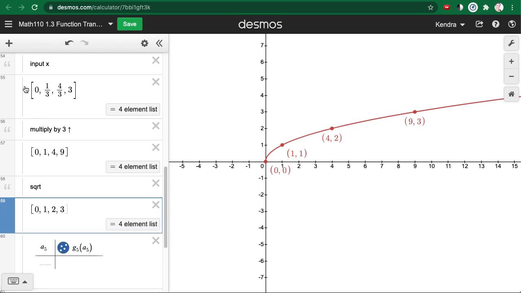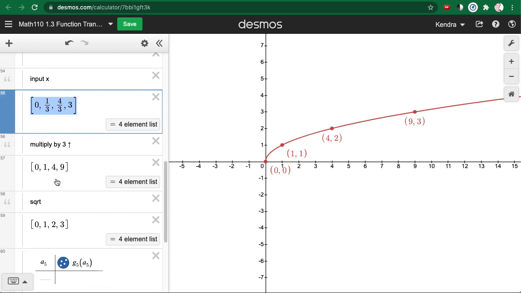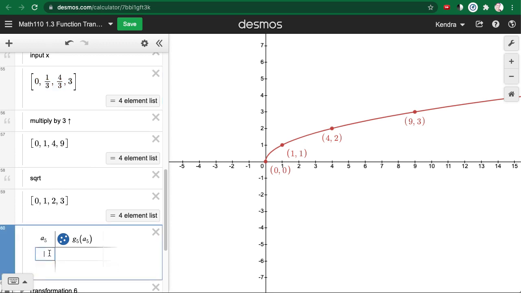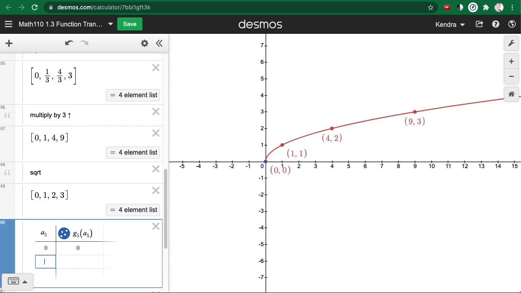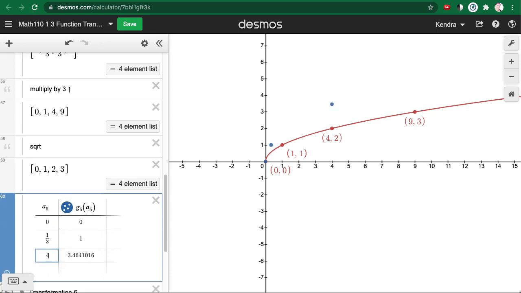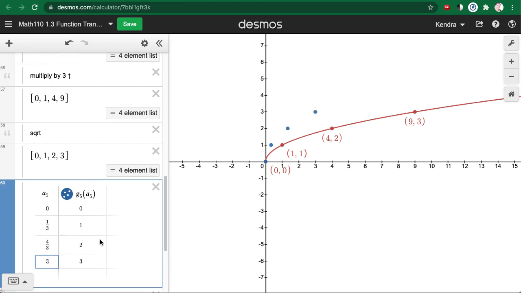Double check that if I input these key values into my function g5, then that will get me to the outputs 0, 1, 2, 3. So I'm going to put in 0, 1/3, 4/3, and 3. And that gives me the outputs that I tracked through.